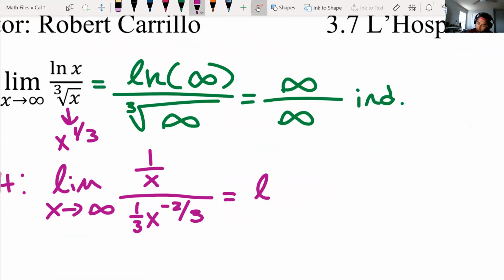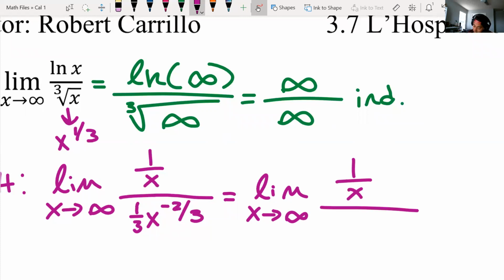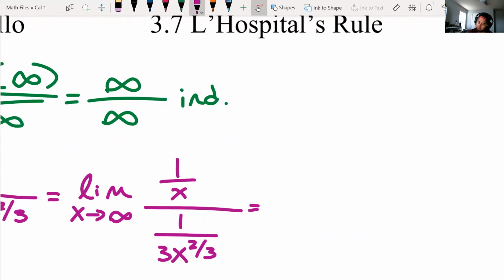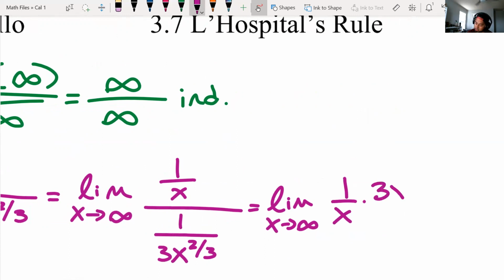So you'll get the limit as x approaches infinity of 1 over x over, and I'm going to rewrite the denominator as 1 over 3x to the positive 2/3. Okay, so now we have a fraction over a fraction, so we'll multiply by the reciprocal. And we'll have 1 over x times 3x to the 2/3 over 1.